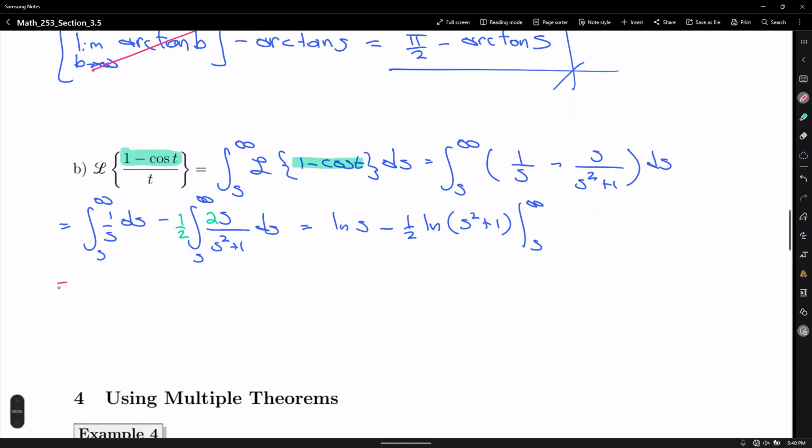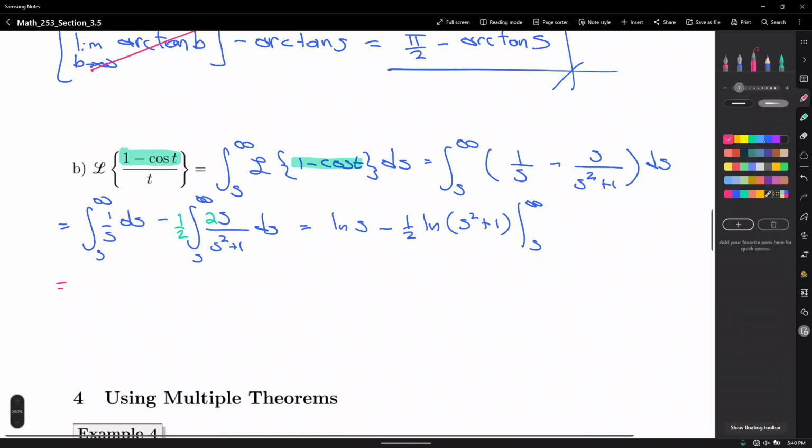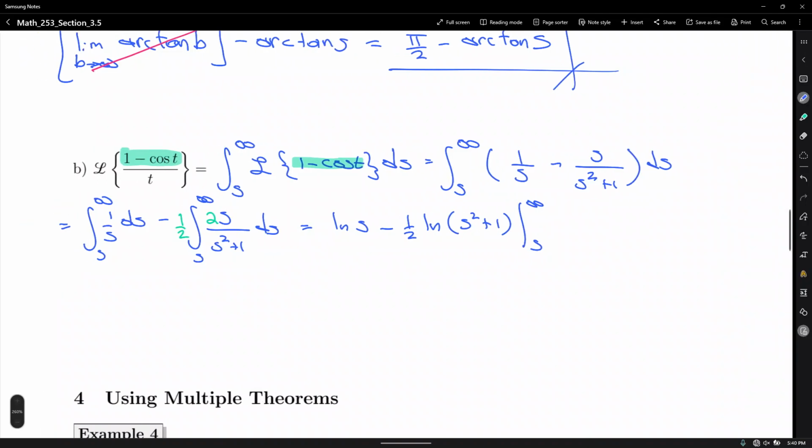The limit as b approaches infinity of 1/2 ln of b squared, okay? I'll show you why in a second.